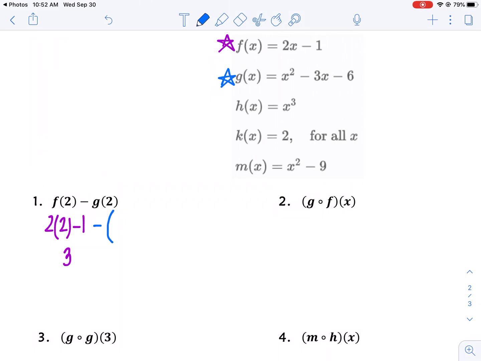I'm going to do a nice parenthesis. I'm going to take away, like input a 2. So it's going to be 2 squared minus 3 times 2 minus 6. That's 4 minus 6 minus 6. You're going to be subtracting a -8. So hopefully you got 11.